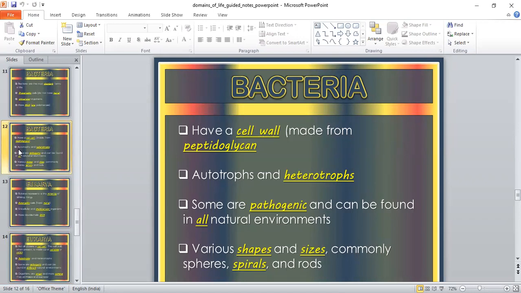Peptidoglycan is the outermost layer, which is a carbohydrate molecule, and the cell wall is the outermost layer which protects the bacteria from any kind of hazardous and harmful environment. It protects the bacteria from the harsh conditions of the environment.